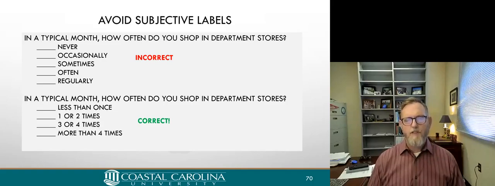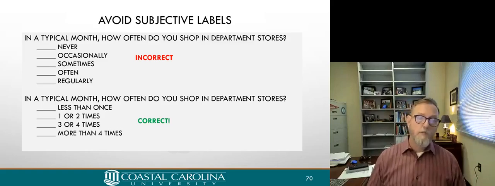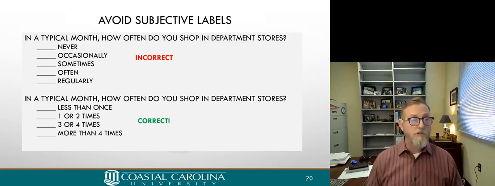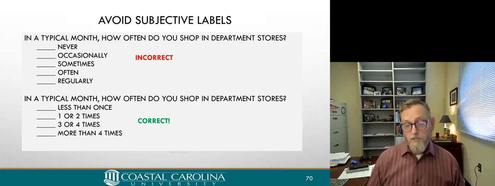We could clean this up a little bit and give people very specific frames: less than once a week, once or twice, 2 times a week, or 3 or 4 times a week, or in a typical month, I guess, is the question. So 1 or 2 times in a month, 3 or 4 times in a month, more than 4 times in a month. And how many times would that be?